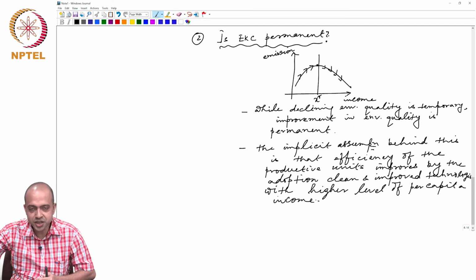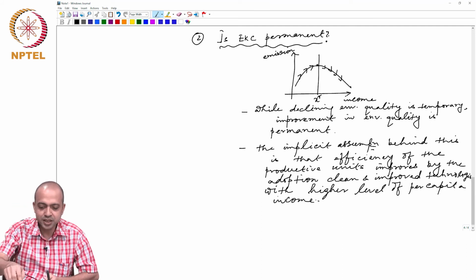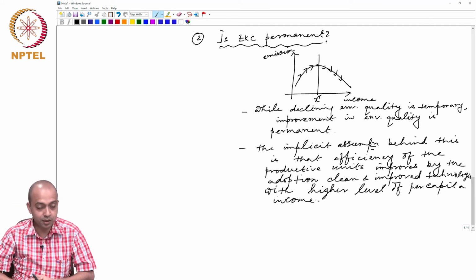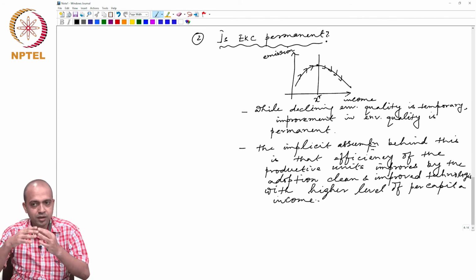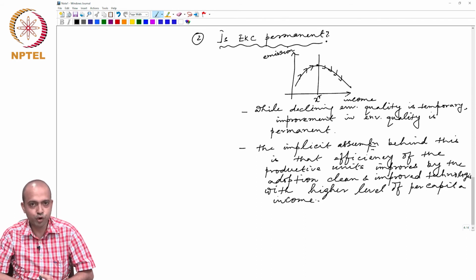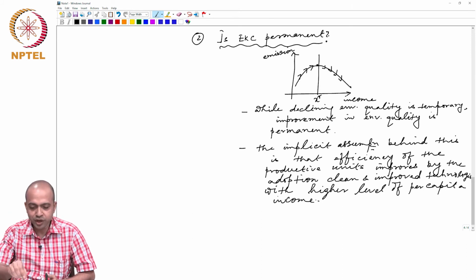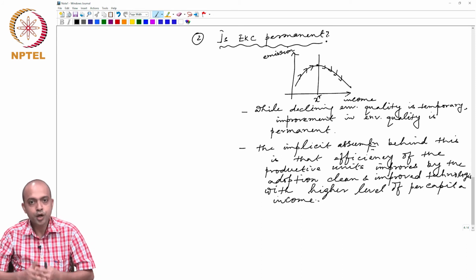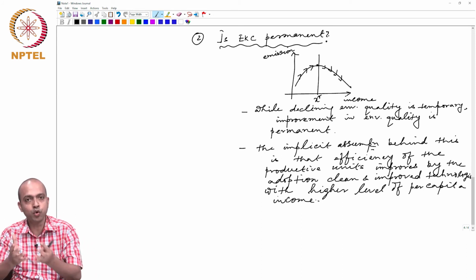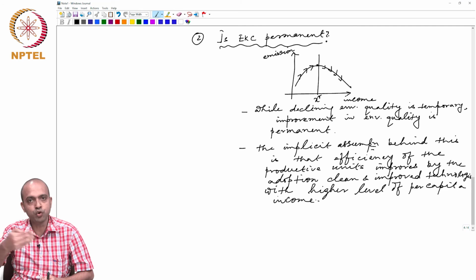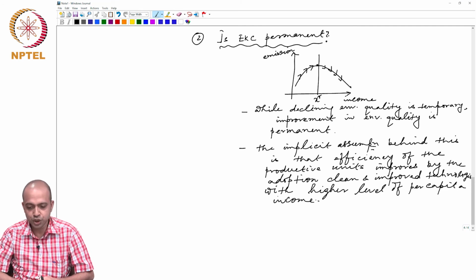As income increases, once the economy achieves this extra amount of per capita income, then a structural change in the production process takes place. Advanced and clean technologies are adopted by the productive units. Productive units become more and more efficient, they produce more output with lower amounts of pollution.